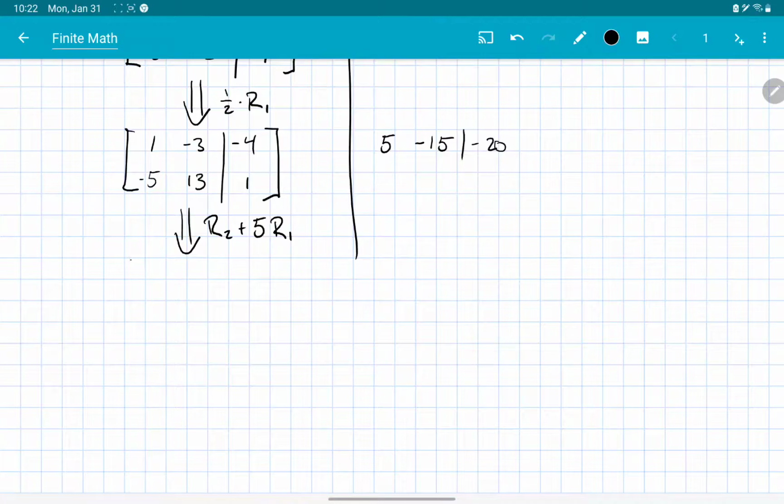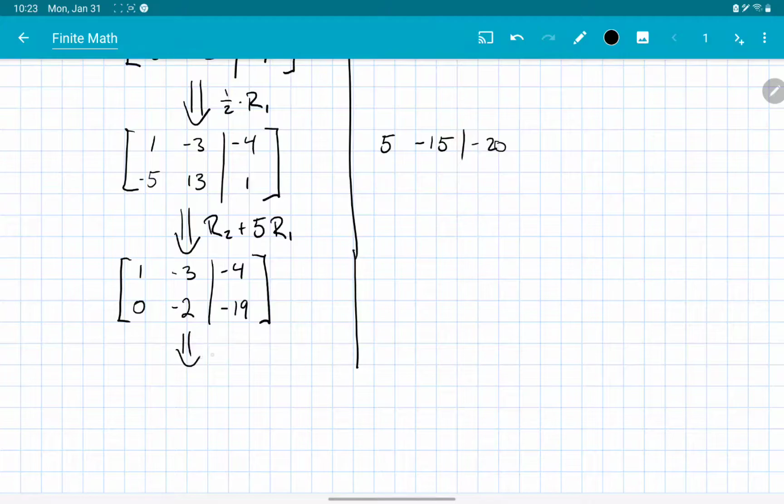Okay, so now I keep row 1 the same. Now I have 5 plus negative 5 is 0. 13 plus negative 15 is negative 2. And negative 20 plus 1 is negative 19. Okay, so there's my second step.